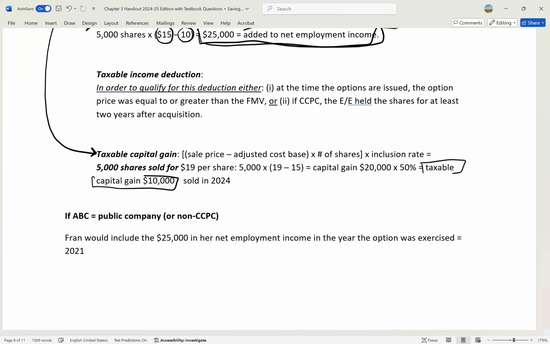So if ABC was not a CCPC, no breaks, Fran has to include that 25,000 in the year 2021 when she exercised the stock option. So that would be added to her net employment income. Her net employment income would increase by 25,000, and that would increase her net income for tax purposes.